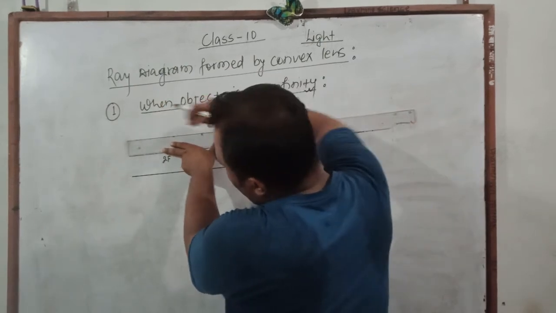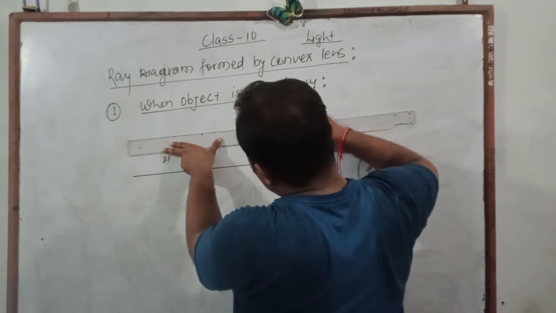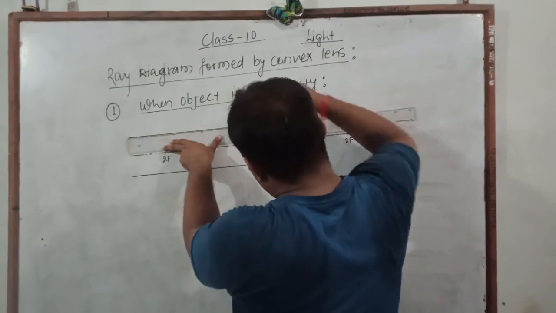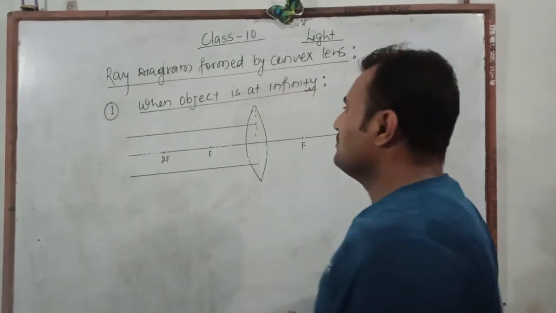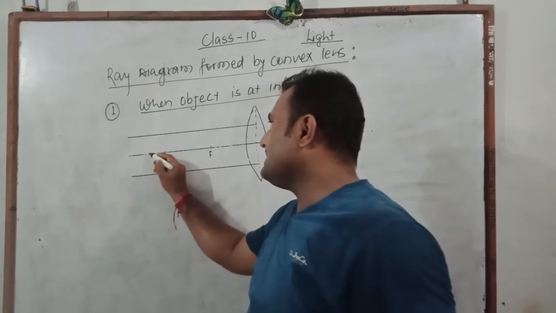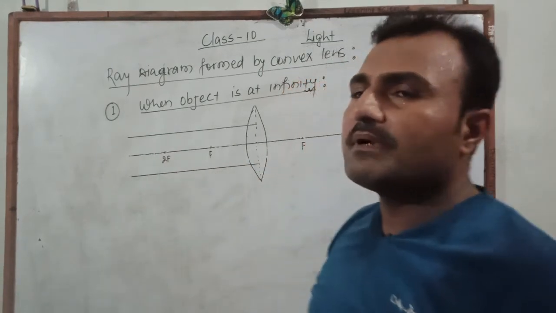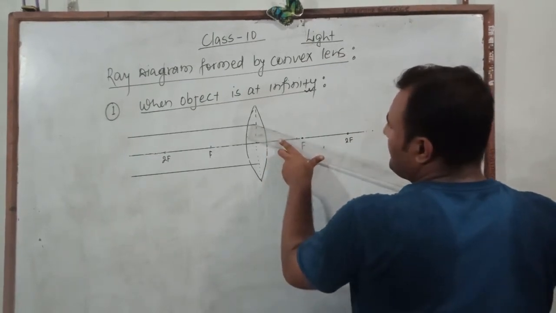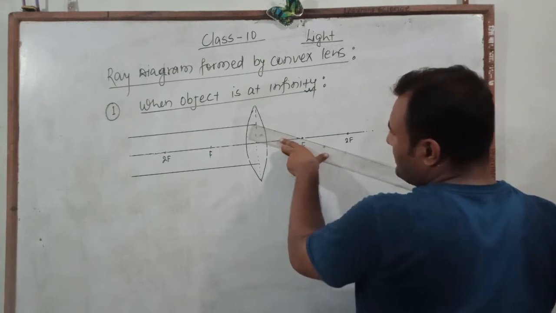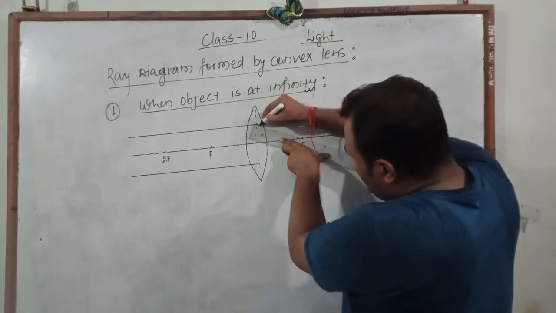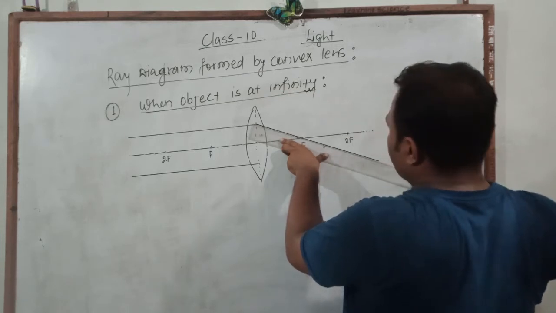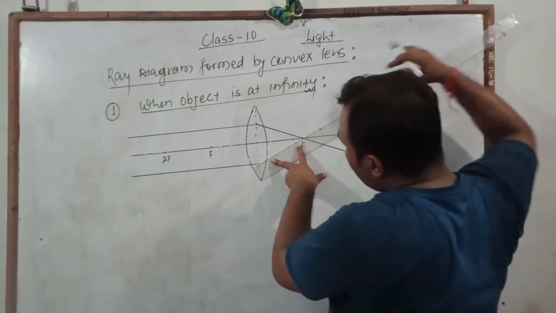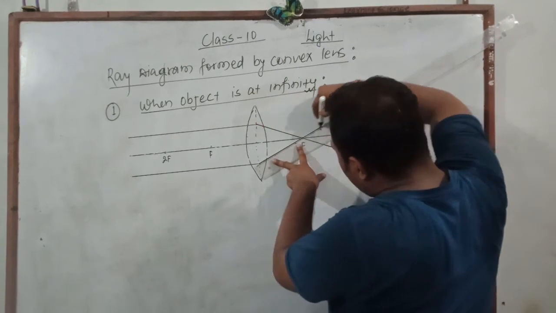We consider a ray of light coming from the object, and according to the rule, we know that a ray of light parallel to the principal axis passes through F. Carefully we join that ray of light through F, and here also in the same way we pass the ray through F.